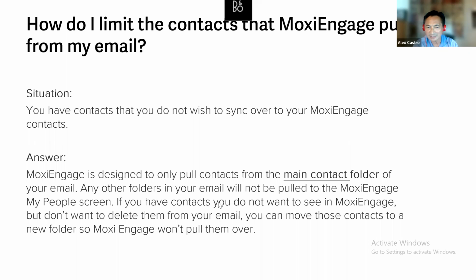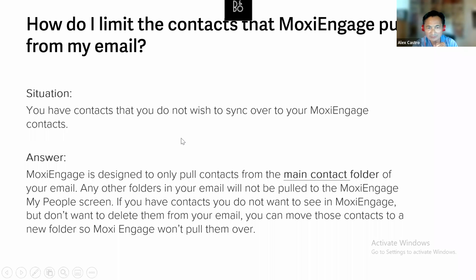If you have contacts you do not want to see in Engage, the dentist, Home Depot, Starbucks, but don't want to delete them, of course we don't want to delete those important people, you can move those contacts to a new folder so MoxiEngage won't pull them into Engage. Hopefully that makes sense. And I'll answer questions in a couple minutes, okay?